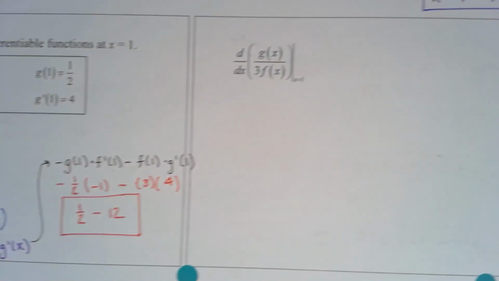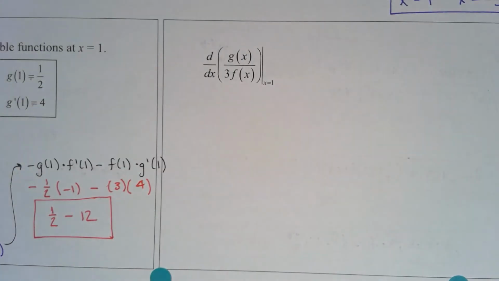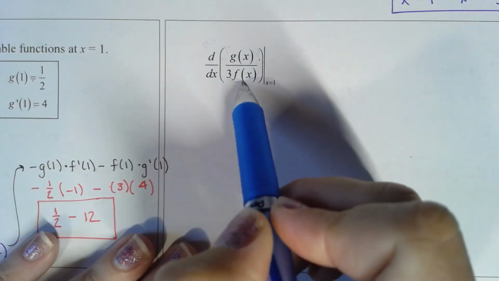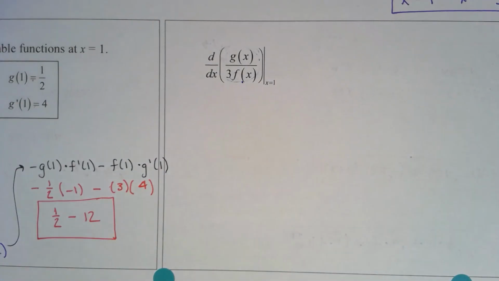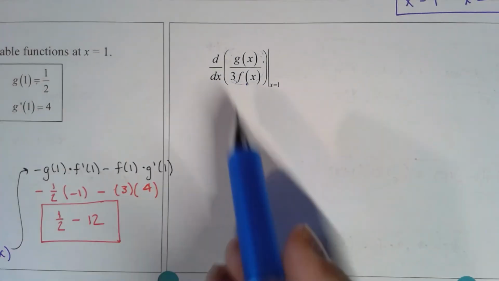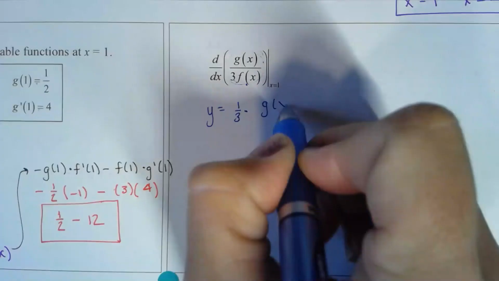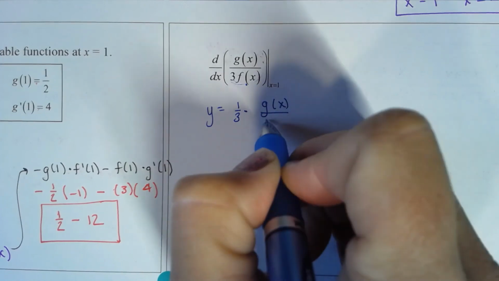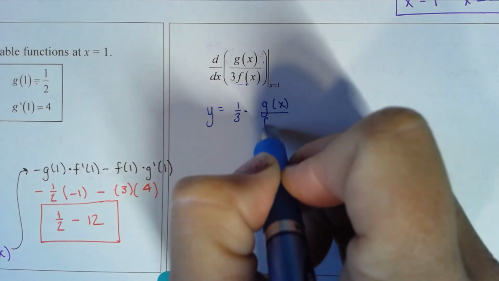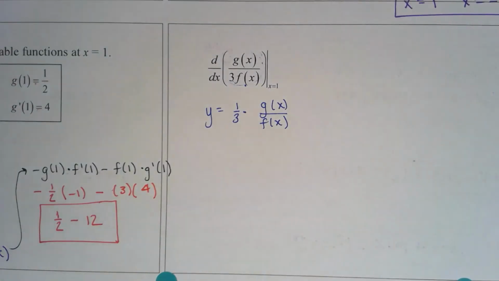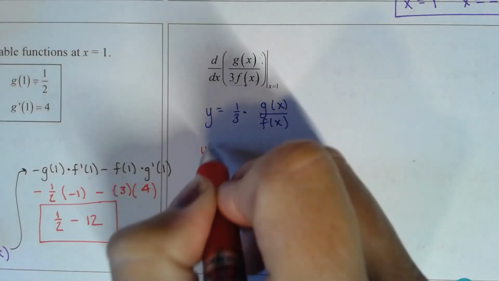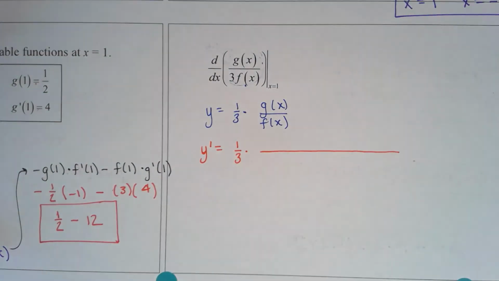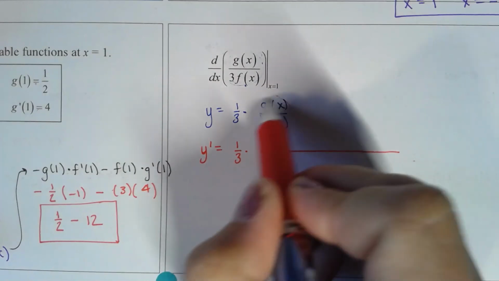Let's do this last one. Same kind of idea, just a different function. So take the derivative of this quotient when x equals 1. I notice there's a 3 in the denominator. Here's what I'm going to do. I think it's going to make our lives a little bit easier. I'm going to slide that 3 out in front as a 1/3 and use the constant multiple rule. So the 1/3 stays there, and then I'll use the quotient rule for the quotient.